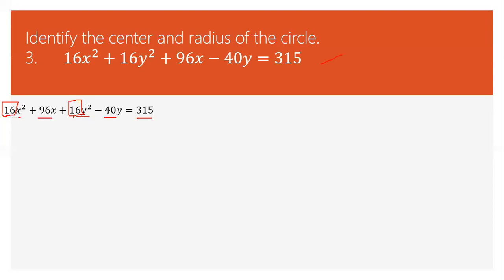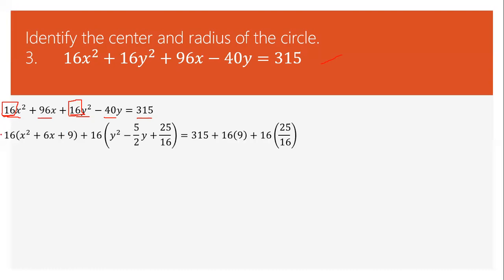So, before we conduct completing the square, we will factor out the coefficient 16 from the x group and the y group, to make the coefficient of x squared or y squared equal to 1 before we start to use completing the square.